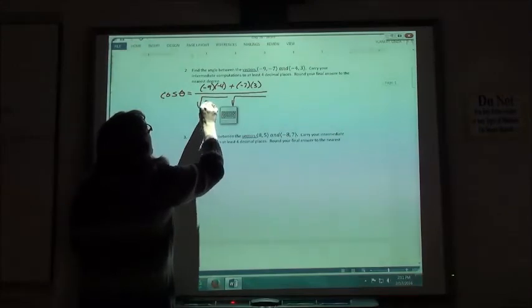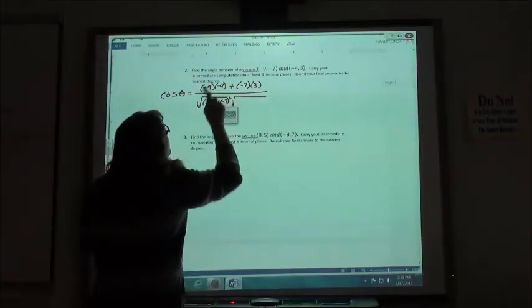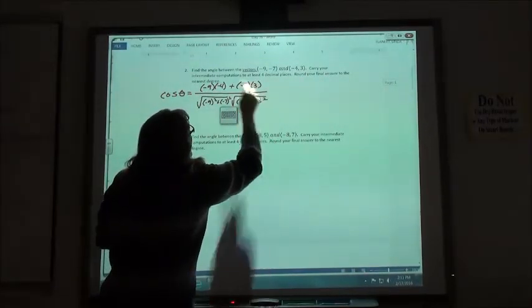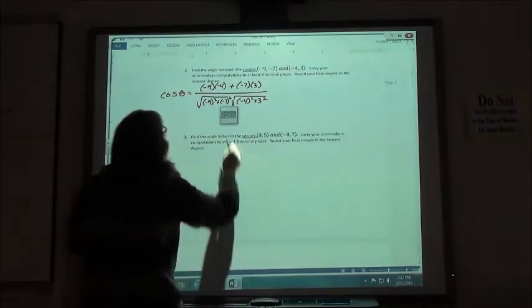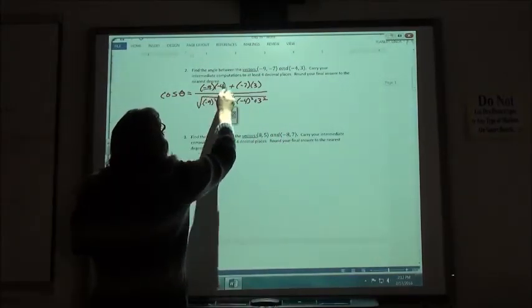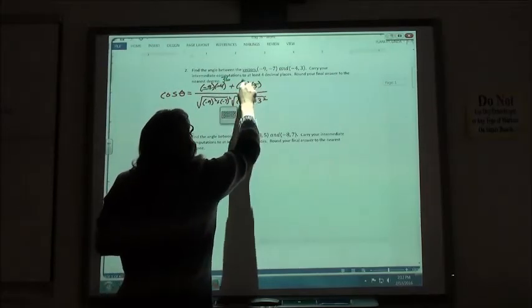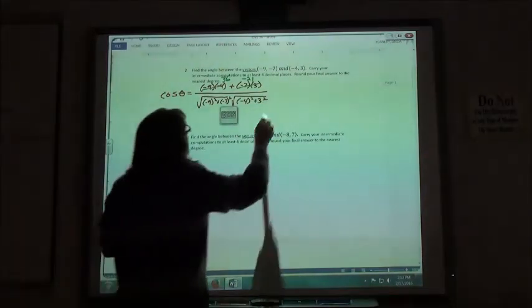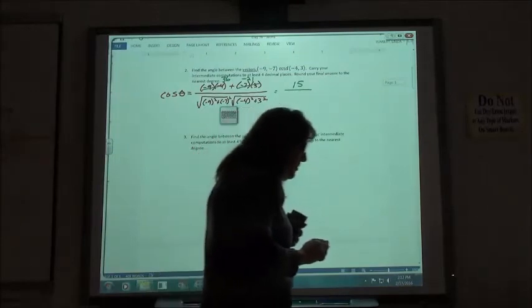So we're going to have -9 squared plus -7 squared, and then -4 squared plus 3 squared. So simplifying that mess, -9 times -4 would be 36. -7 times 3 is -21. So 36 minus 21 is going to give me 15 on the top of my fraction.